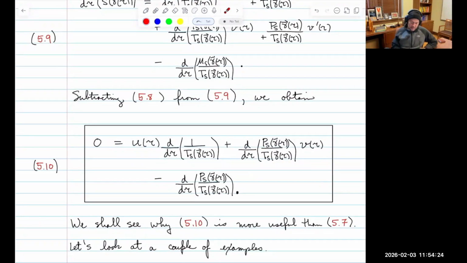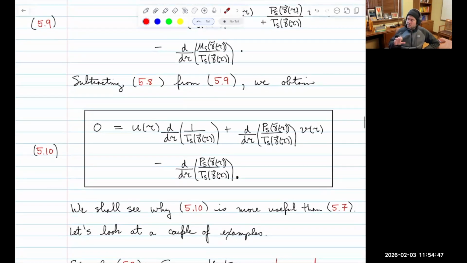We're going to see this version of the Gibbs-Duhem equation is going to be much more useful to us than the previous version, 5.7. And in fact, 5.7 is still true. It's just not going to allow us, in at least a certain form, to obtain the fundamental relation by taking the derivatives or by knowing the equations of state in a certain case. And so we'll see that in a minute.